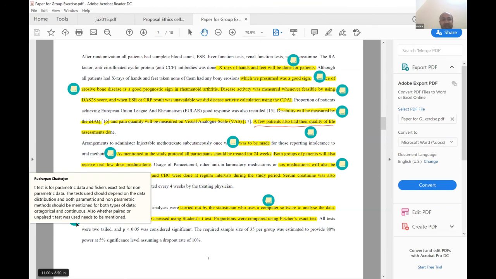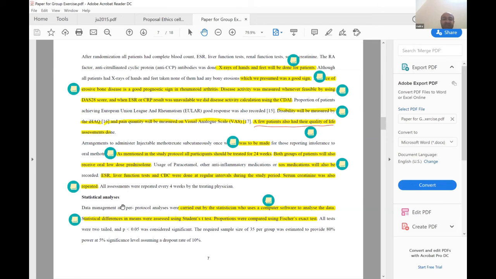Again, here in the statistical hypothesis testing, they have mentioned the student's t-test for the continuous variables, which is actually a test for parametric data, and for the categorical variables for proportions, they have mentioned Fisher's exact test, which is a test for non-parametric data.